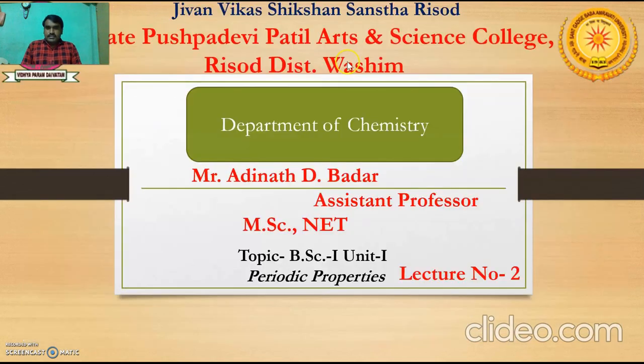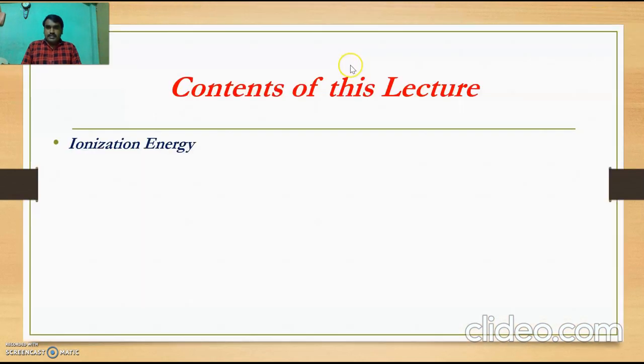So firstly we see the contents of today's lecture: ionization energy, its types and variations, and effects of ionization energy on various properties of elements, that is metallic and non-metallic characters, oxidizing and reducing power, then acidic and basic nature, and reactivity of elements.